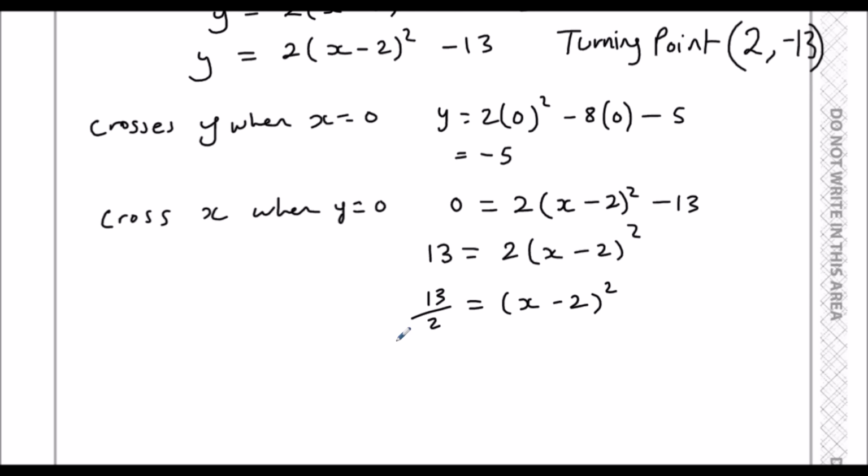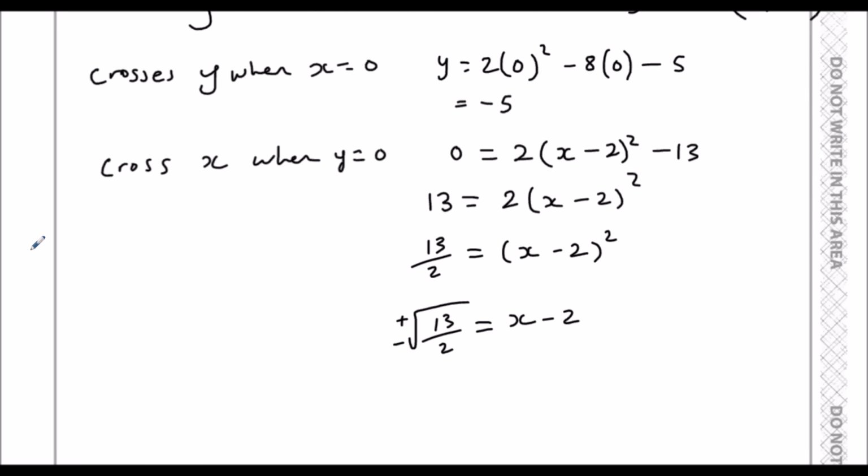Square root both sides. But remember, we do the plus or minus, the positive and negative square root. And finally, to get x by itself, plus 2 to both sides. So 2 plus or minus the square root of 13 over 2. So they are the 2 points where it crosses the x-axis: 2 plus root 13 over 2 and 2 minus root 13 over 2.